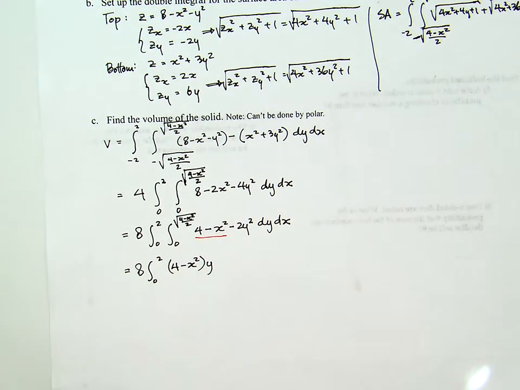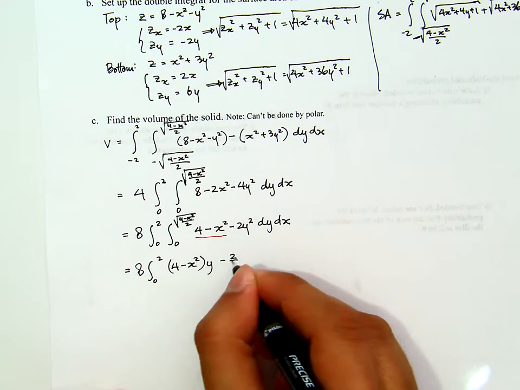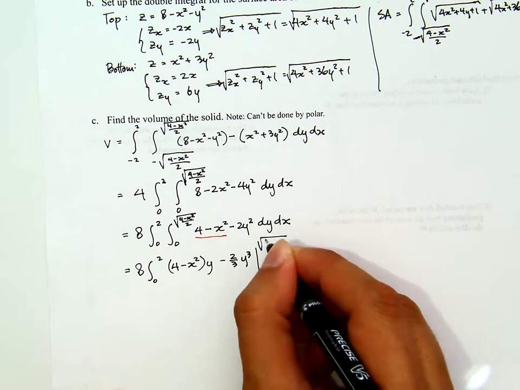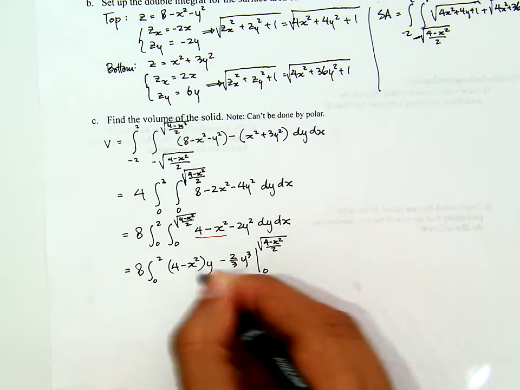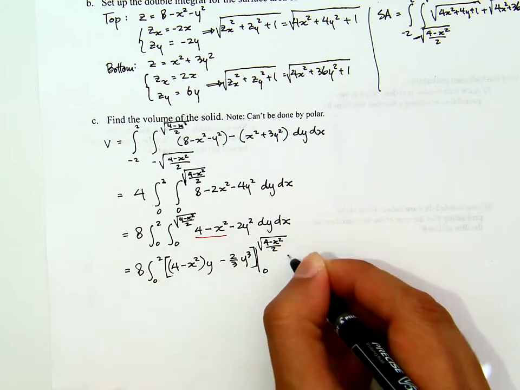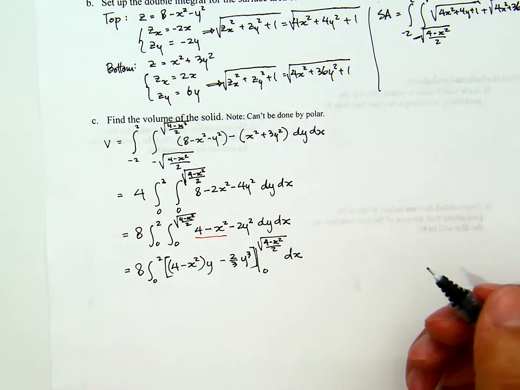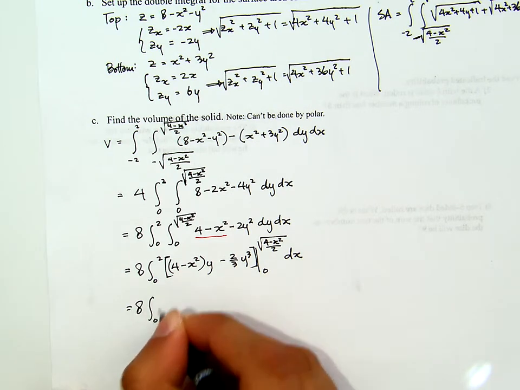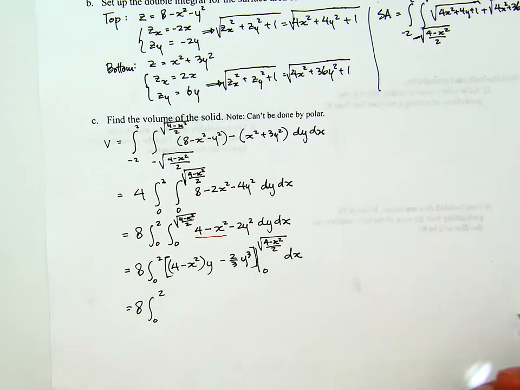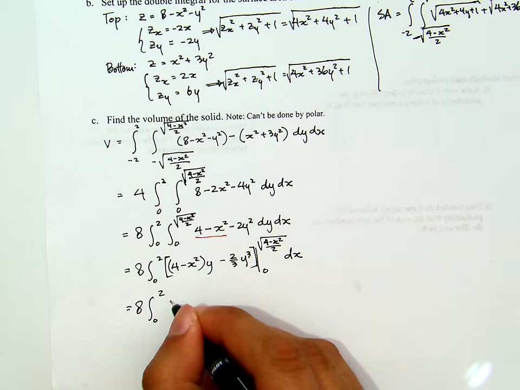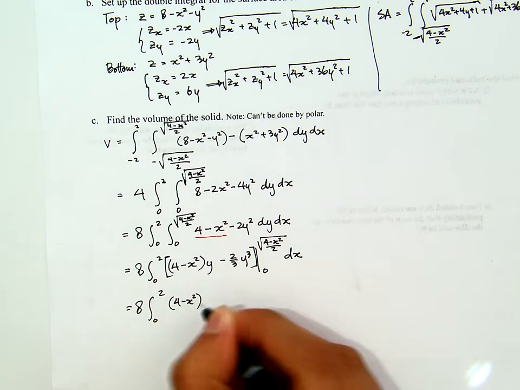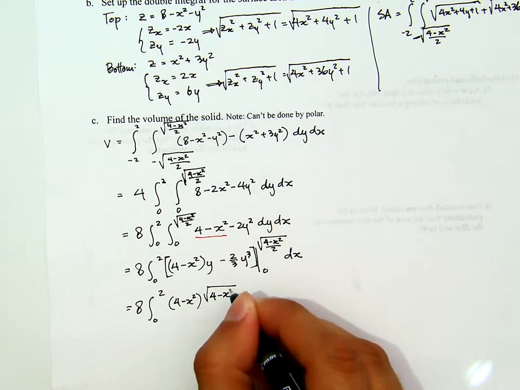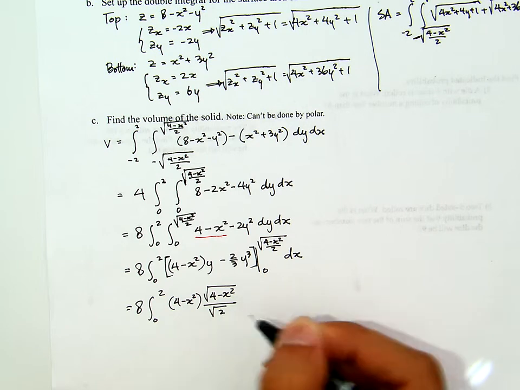And then minus 2 over 3 y cubed from 0 to square root of (4 minus x squared) over 2, dx. Okay, and then from there I will plug it in. For y equals 0, we can omit that, right? So this will then be 4 minus x squared, and then the square root of 4 minus x squared over square root of 2. That's for the first term.